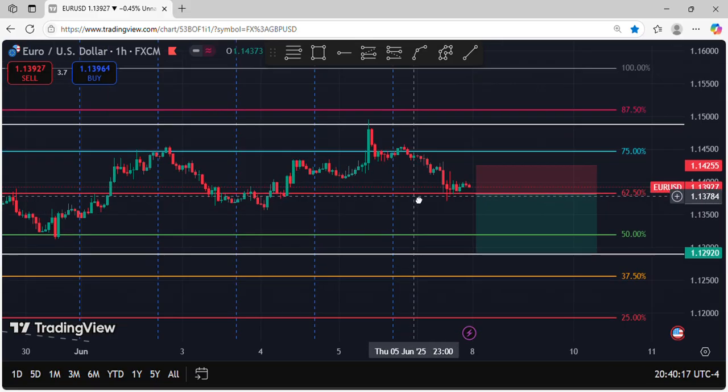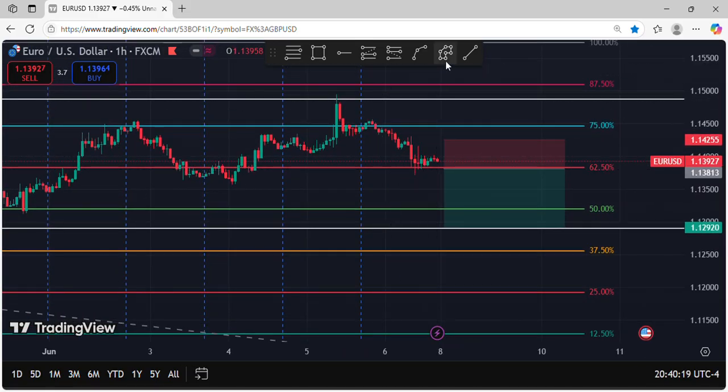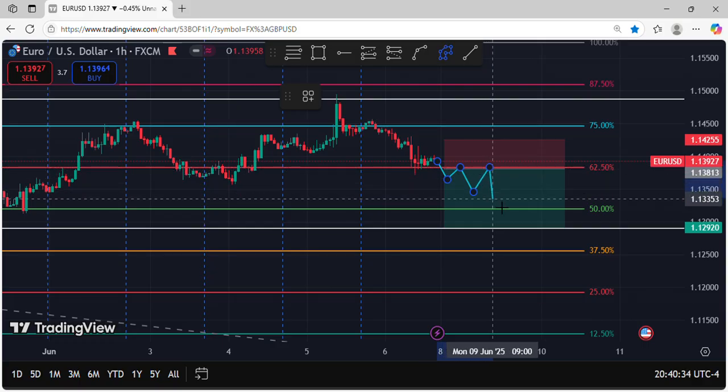So all I'm waiting for on this setup is this: price comes down, breaks this 62.5 level, and then we want to see resistance at the 62.5, and then price does what? Moves down to the level I already mentioned.